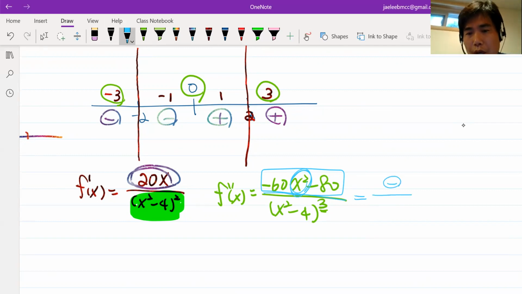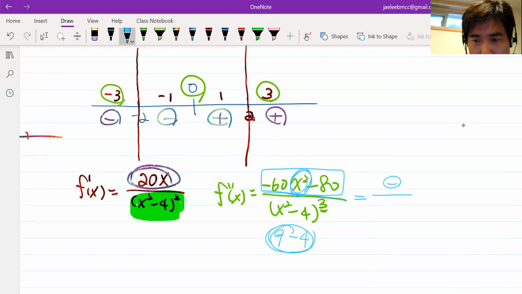So we only care about the bottom part here. If the denominator is negative, then the result will be positive. Denominator negative, then this becomes positive basically. Okay, so -3, then 9 minus 4, right? So this is positive. So numerator negative over positive becomes negative.